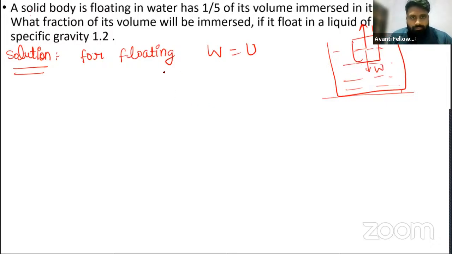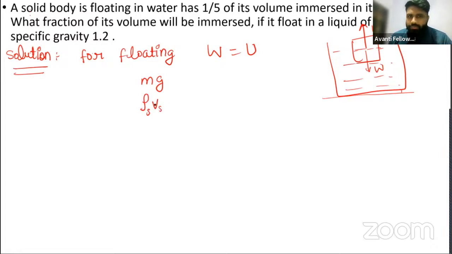Got it? Now weight we can write sigma. Sigma is the density of this solid. Or let me remove the confusion. Density of solid into volume of solid into gravity. Or start from the very basic. Weight is mg, m is rho V, density into volume.